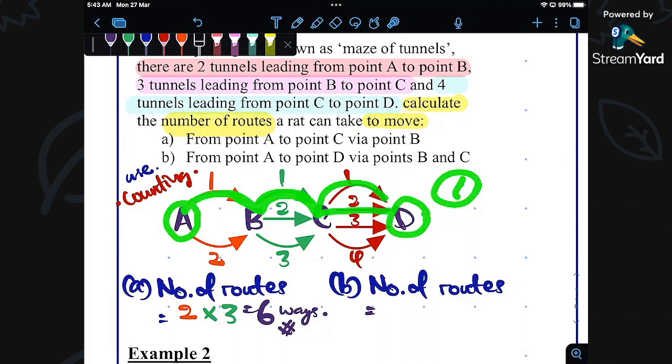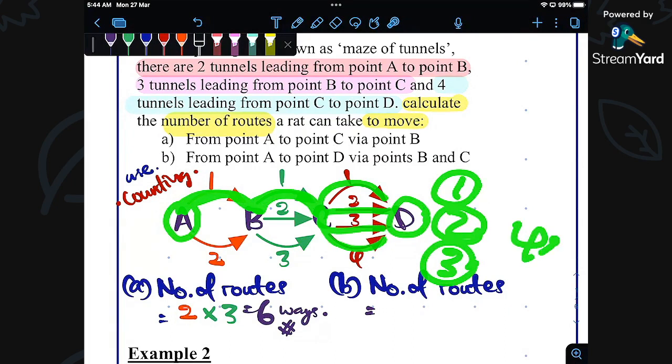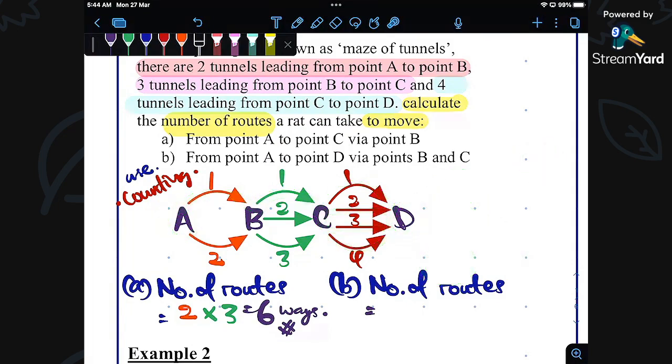This, and this is the second route. This, and this is the third route. And then this, and this will be the fourth route. So there are so many ways to get from A to D. So I only teach you the first 4. Try to find all possible journeys from point A to point D. Okay? Count it by yourself.